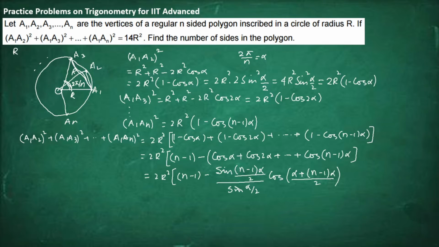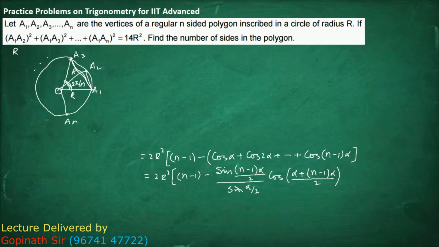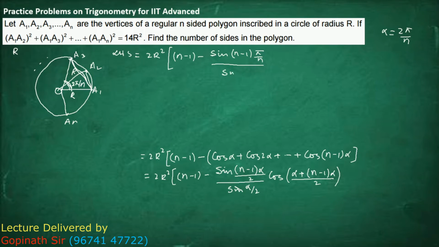Absolutely. Let me rub the upper portion. So we are getting the required sum, the given left hand side, equals 2R square into n minus 1 minus sine of (n minus 1) alpha by 2, divided by sine alpha by 2, into cos of n alpha by 2. We know that alpha is 2 pi by n, therefore alpha by 2 will be pi by n, so the denominator is sine pi by n.